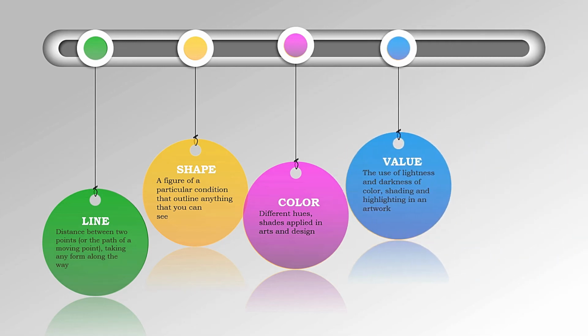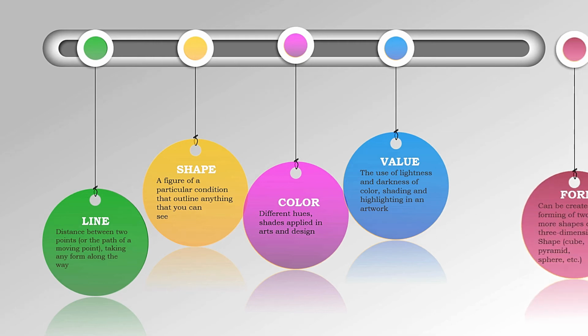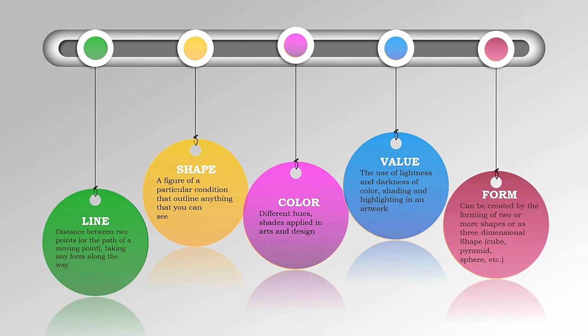Next, we have value, the use of lightness and darkness of color, shading and highlighting in an artwork. And form. It can be created by the forming of two or more shapes or as three-dimensional shapes, such as a cube, pyramid, or sphere.